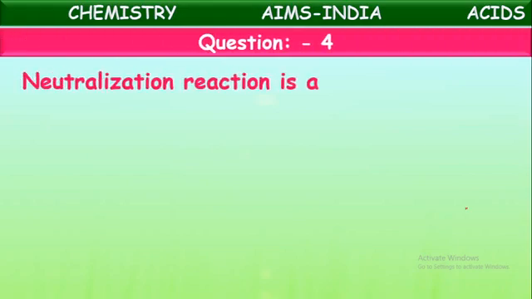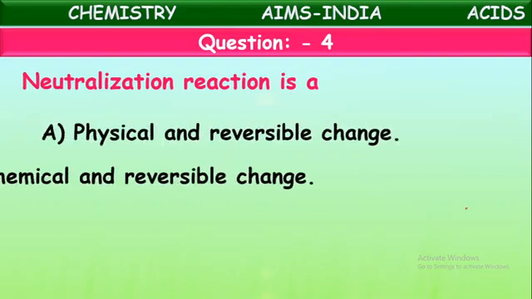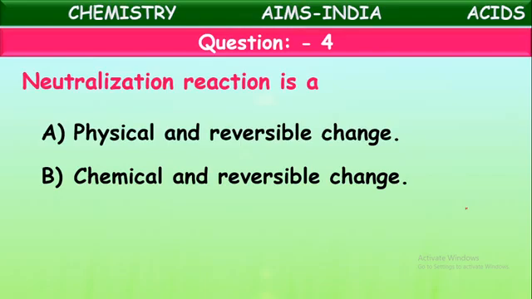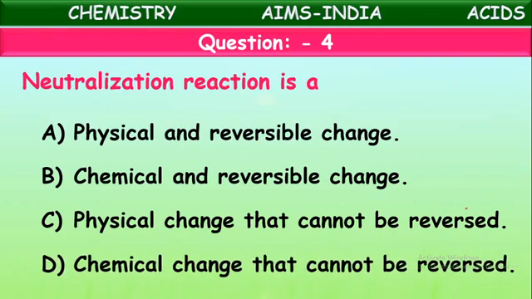Neutralization reaction is a physical and reversible change, chemical and reversible change, physical change that cannot be reversed, chemical change that cannot be reversed. Yes, children, what is a neutralization reaction? Is it a physical change or chemical change?